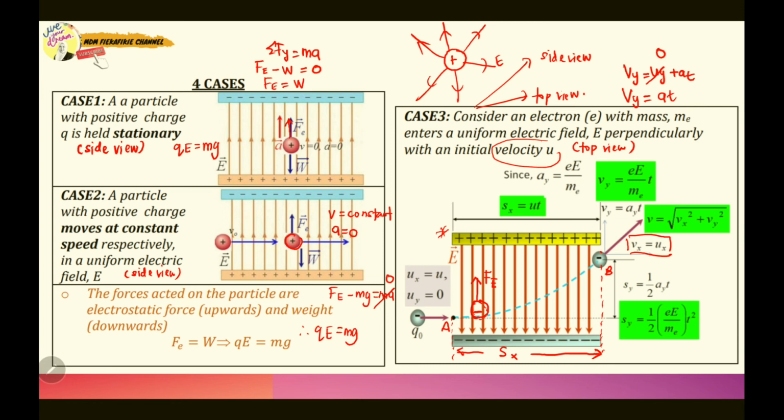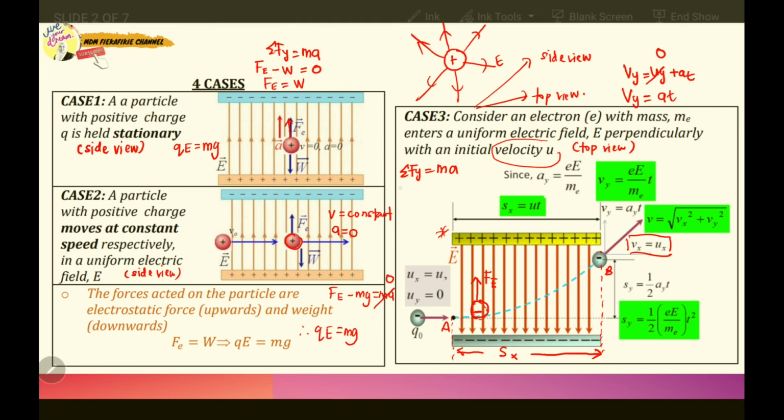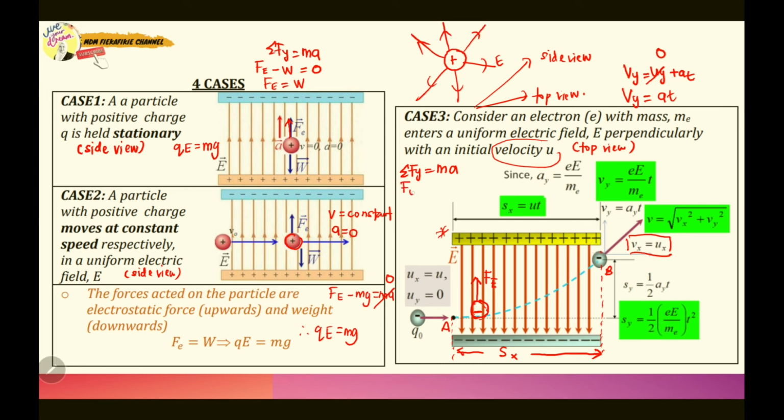So we know total Fy, I write here, total Fy is equal to Ma, and looking at the electron, we just have the electrostatic force. So now we substitute here, Fe is equal to Ma and QE is equal to Ma.